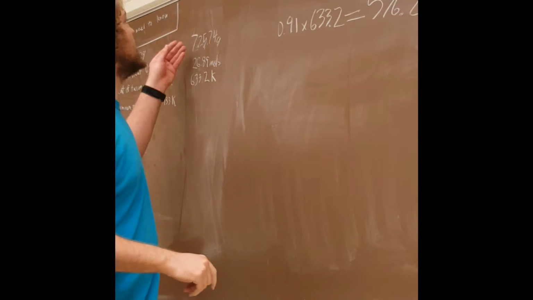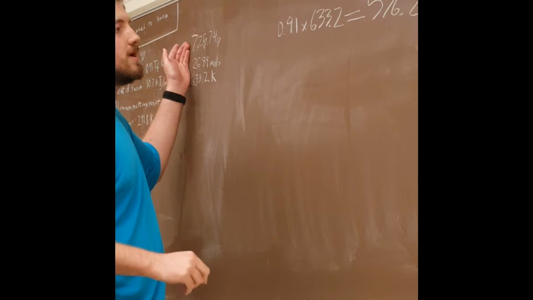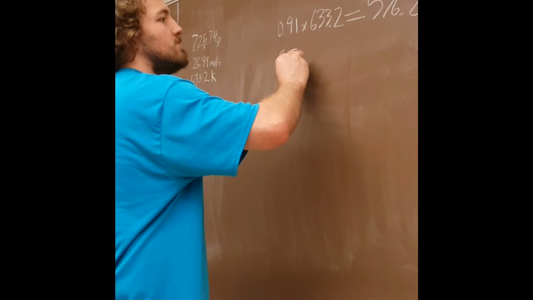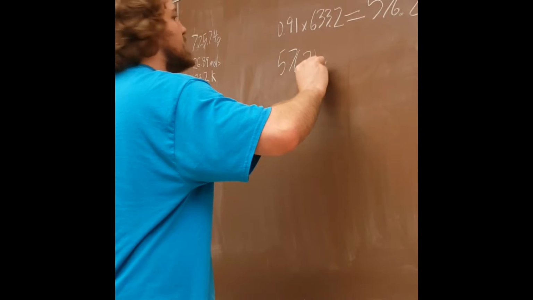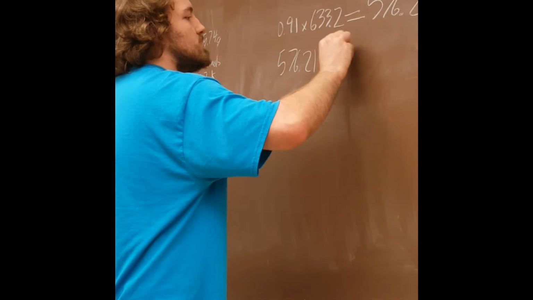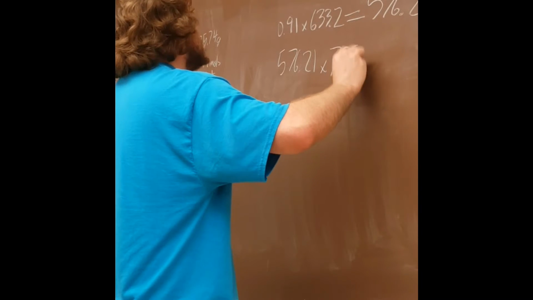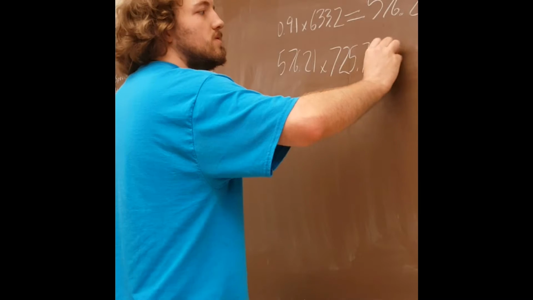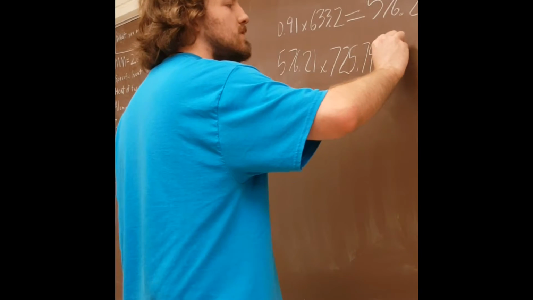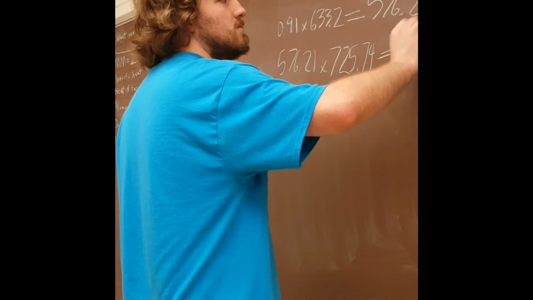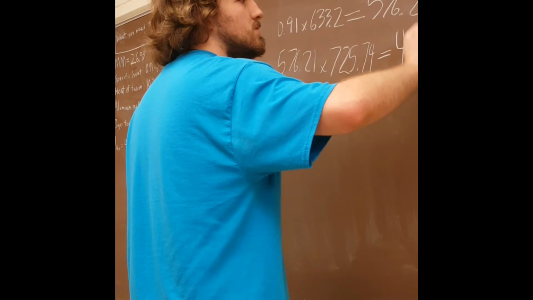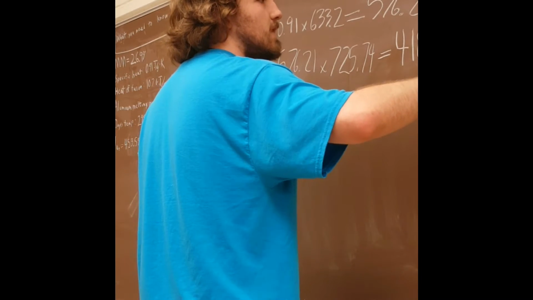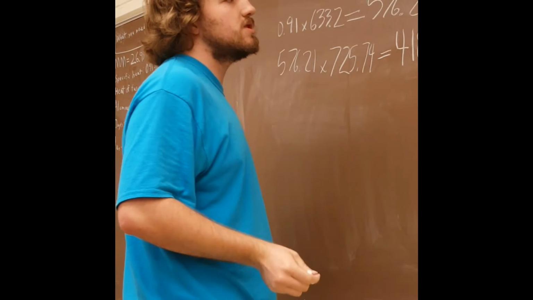Now, we already calculated how many grams of aluminum we actually have. So we take 576.21 times the grams of aluminum, 725.74, which equals 418,178.65 joules, a very large number.